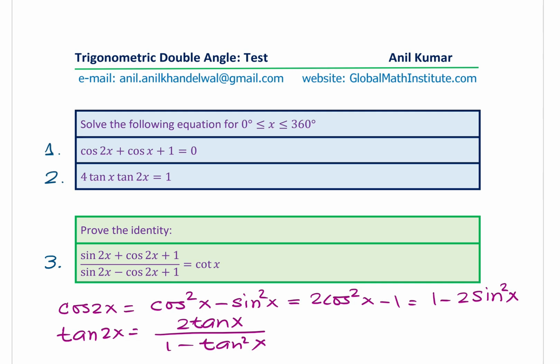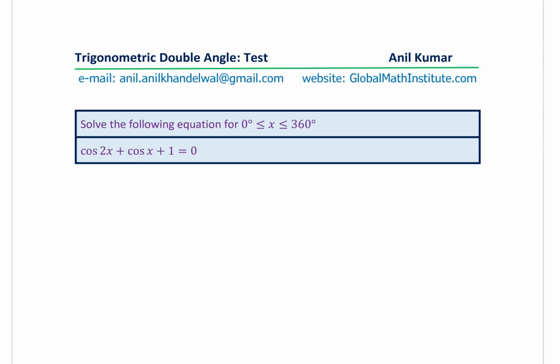Let's begin with the very first one, which is to solve cos of 2x plus cos x plus 1 equals 0. So the idea is to write this in a quadratic form with cos x, correct? Cos 2x, we could write this as 2 cos square x minus 1. That will give us an equation in cosine, right?